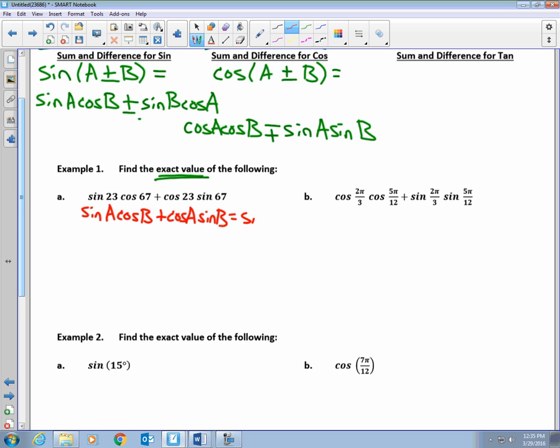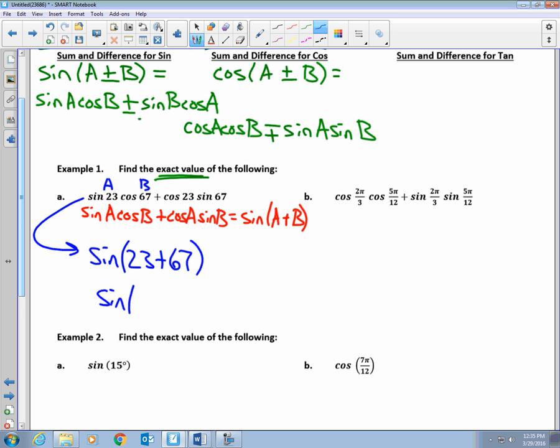The sine of A plus B. Well, in this problem, what is the value for A? 23. What's the value for B? So therefore, this expression can be written as the sine of 23 plus 67. What is 23 plus 67? 90. What's the sine of 90 degrees?